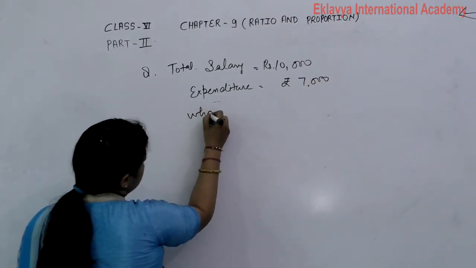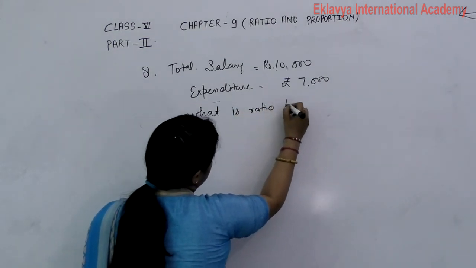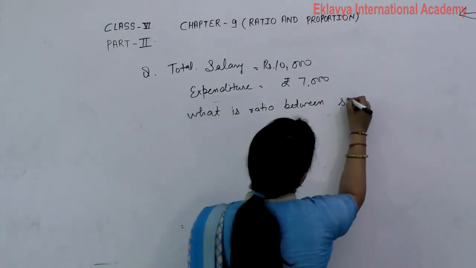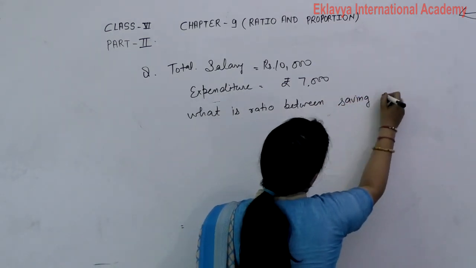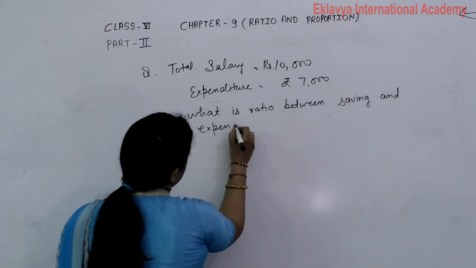What is the ratio between saving and expenditure?